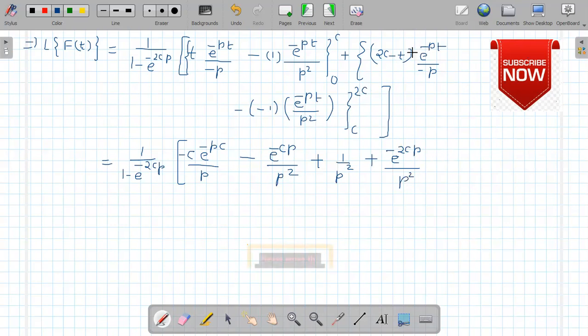At lower limit, because of this negative sign we have positive sign here, c e to the power minus pc divided by p, and this positive sign, at lower limit we have negative sign here, and this will be e to the power minus pc divided by p square.